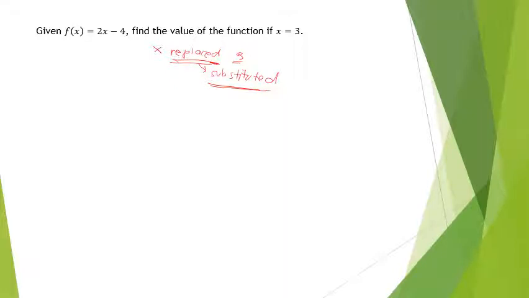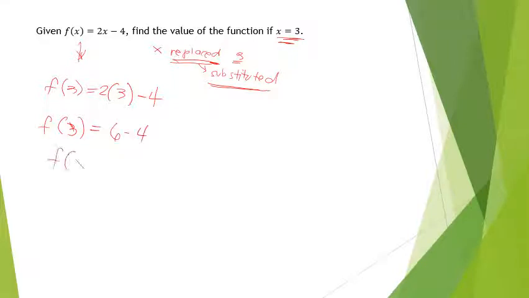Diba? Okay, solve muna natin to. F of x, papalitan natin lahat ng x ng 3. Replace ha, replace. Okay, f of 3 is equal to 2 times 3 minus 4. Simplify ito, 2 times 3, 6 minus 4.